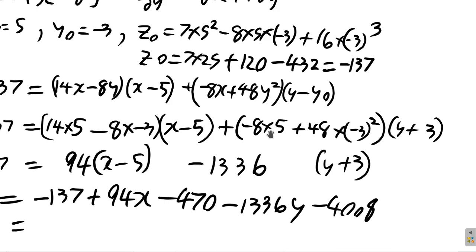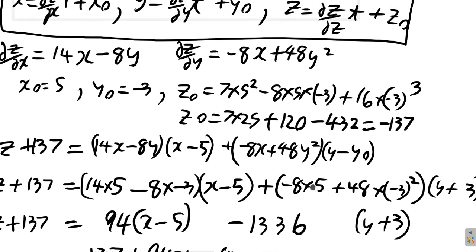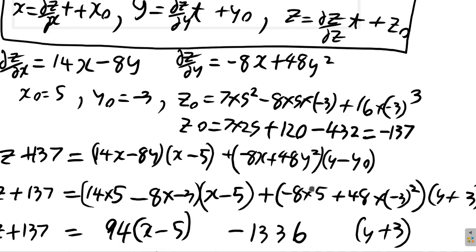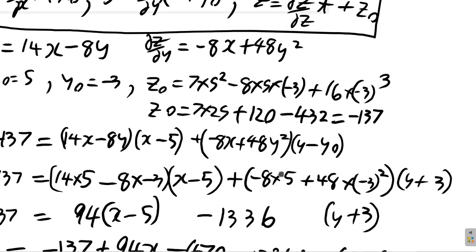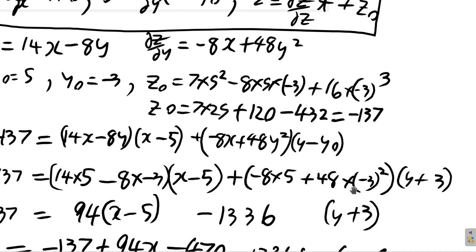So that's negative 40 there, plus, and then y naught is negative 3.